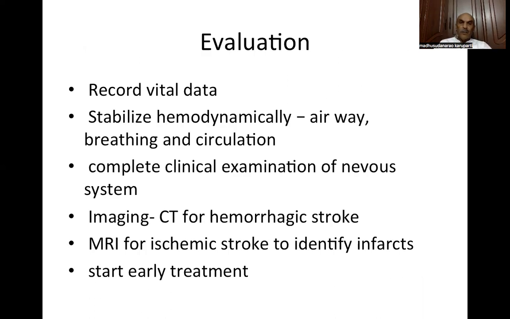Coming to the evaluation, it is very important to record the vital data. Record the respiratory rate, record the blood pressure, okay? Stabilize hemodynamically, attending to the airway, breathing, and circulation. After doing this, go for the complete history and complete clinical examination of the nervous system.